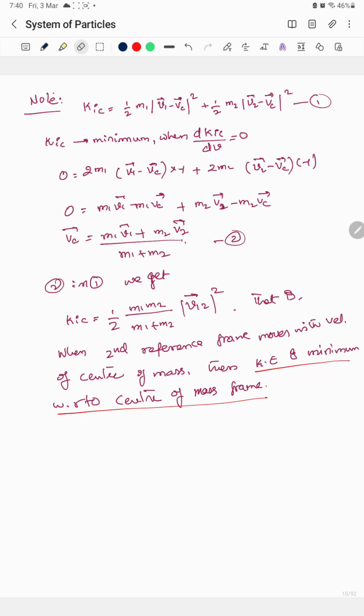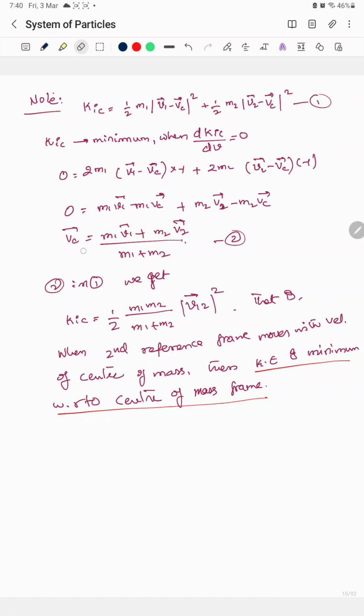So I take 2 outside and expand: M1 V1 bar minus M1 Vc bar, remove minus 2, and here M2 V2 bar minus M2 Vc bar. So you will be getting this, right?